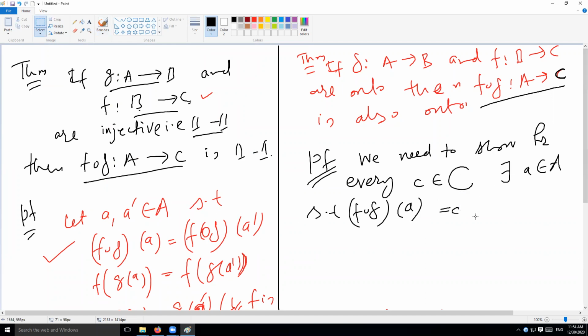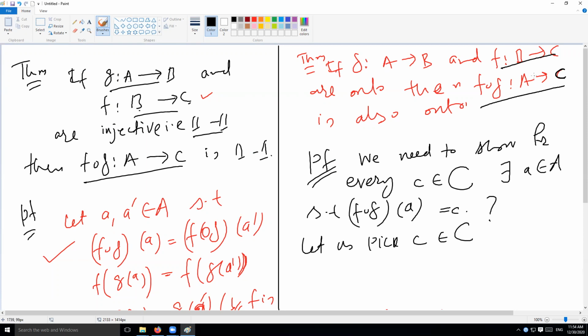So how to do it? Help me out. What should I do? Let us pick a c from C. Now I don't know whether F composition G is onto or not, but I know that F is onto.